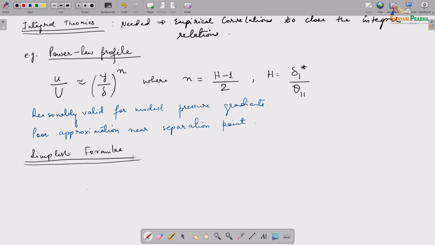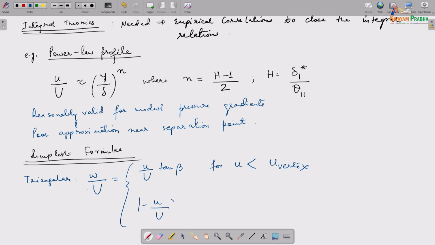Number 1 is the triangular, where we are saying the w component is equal to U by this tan of beta for U less than U vertex, and 1 minus U by U tan phi for U greater than U vertex.